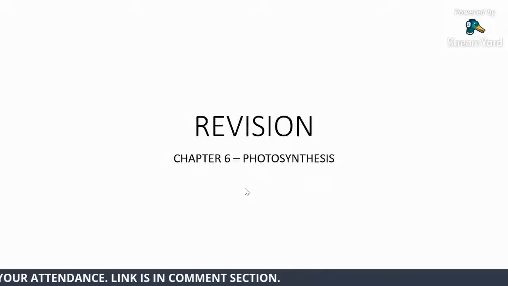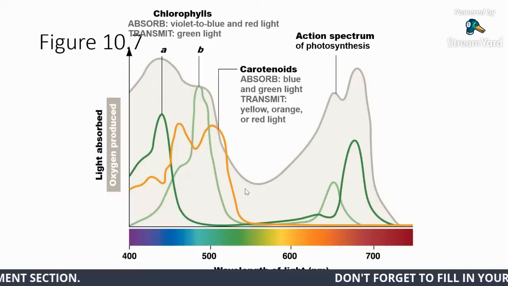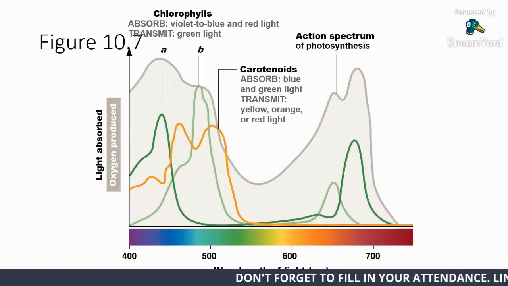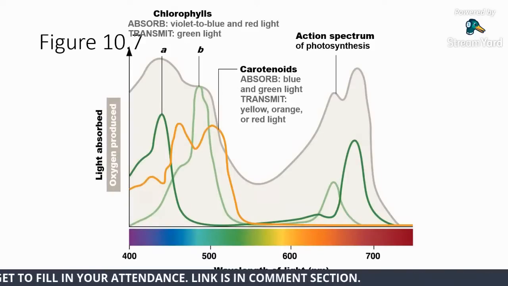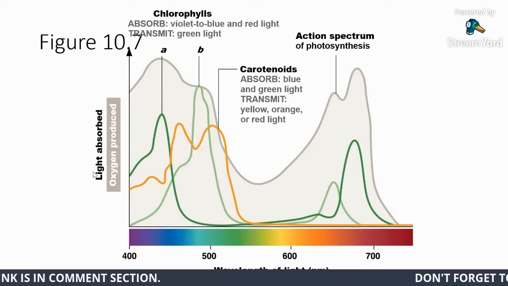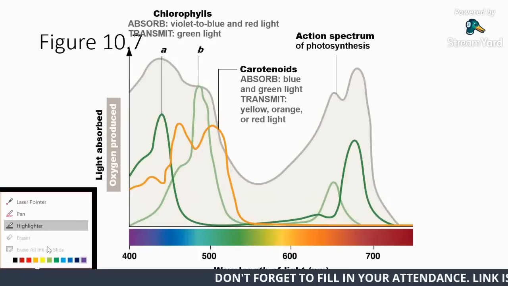Alright, so let's move on to photosynthesis pula. Alright, I think in photosynthesis you are introduced to banyak graph. Okay, so this is one of it. You ada action spectrum and absorption spectrum.